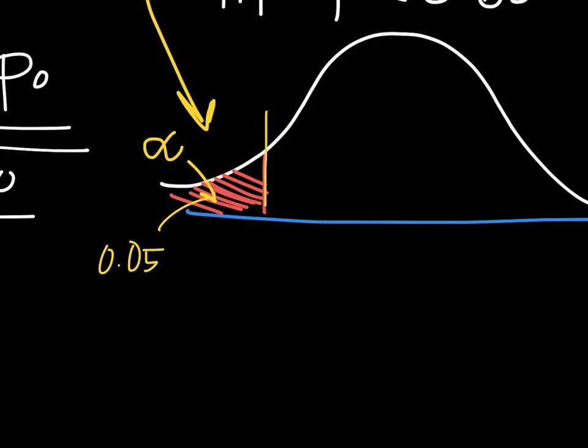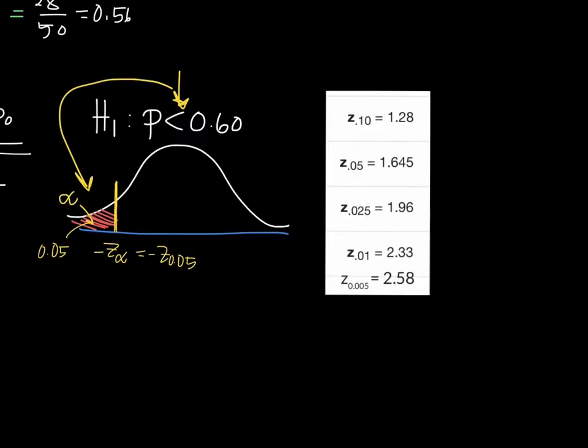And with that, we need to know the boundary of that area, and that will be our negative z of alpha, which is the negative z of 0.05. Then we make use of that reference where we can get the z of 0.05. So the z of 0.05 is 1.645.